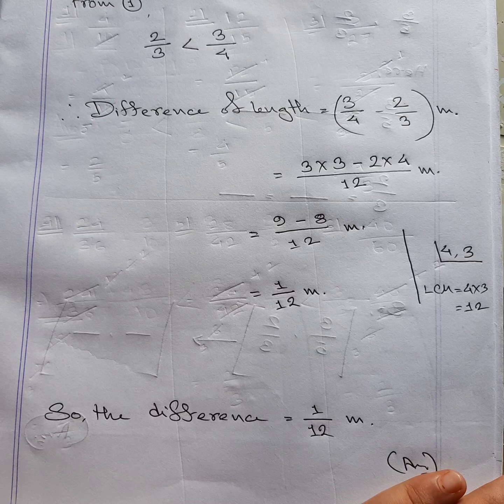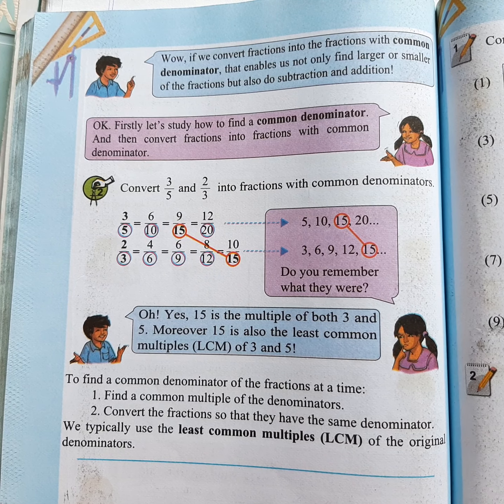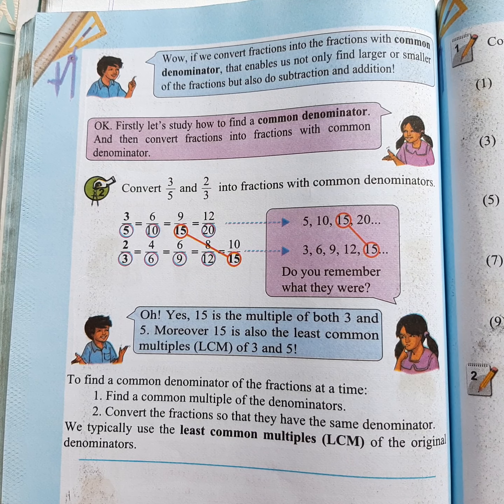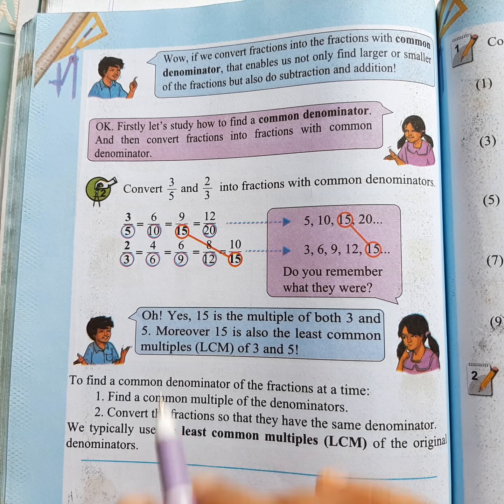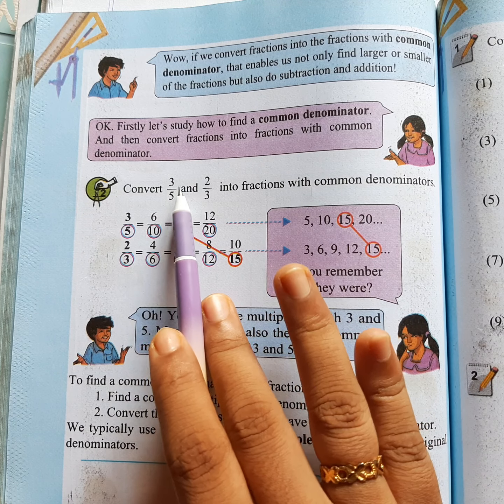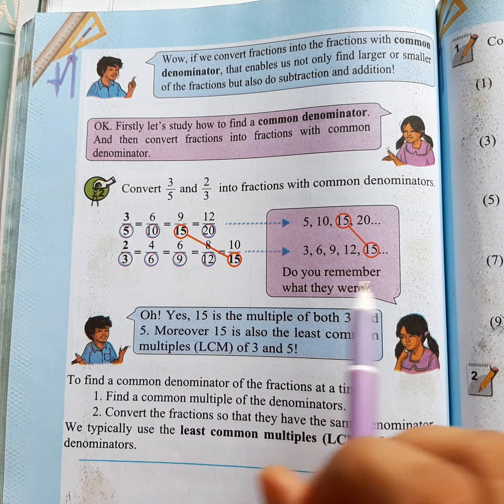Please practice with me. For page 96, we are going to practice more making common denominators, and you can see we have to convert 3 by 5 and 2 by 3 into common denominators.